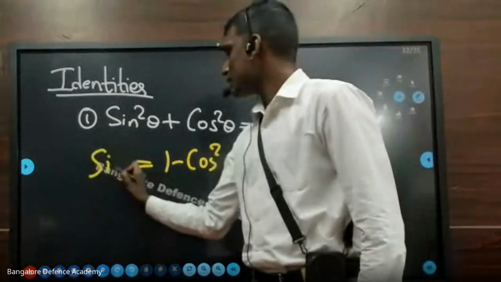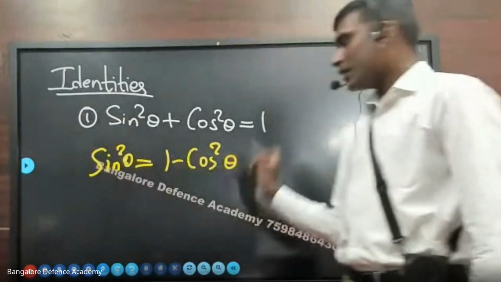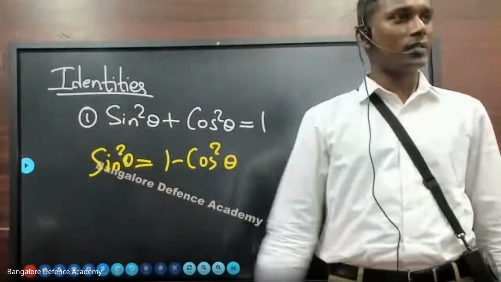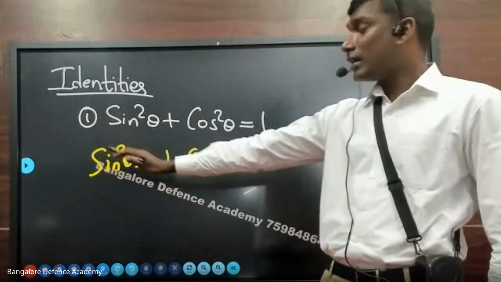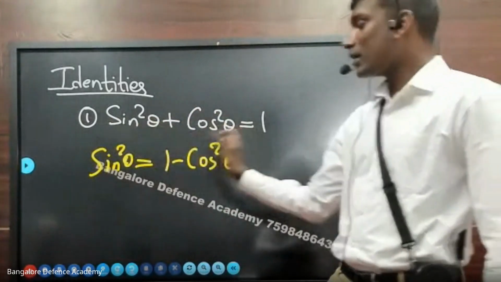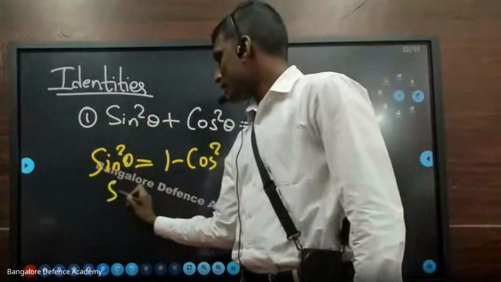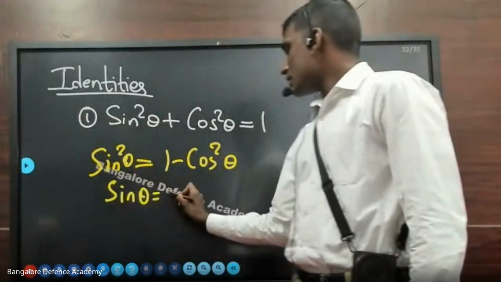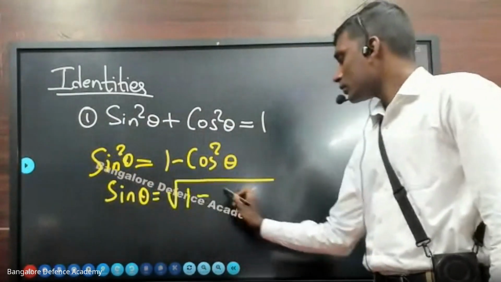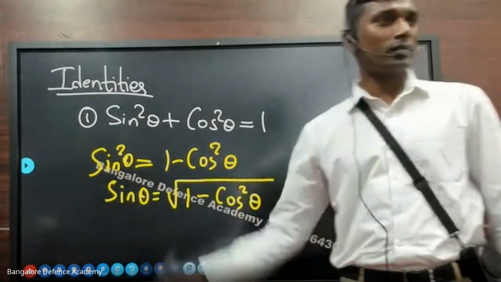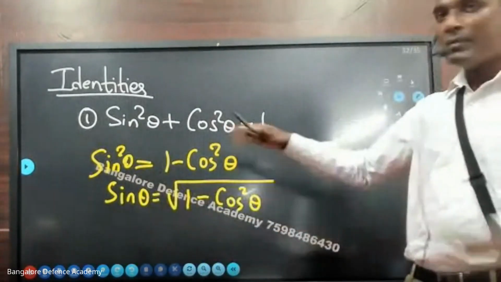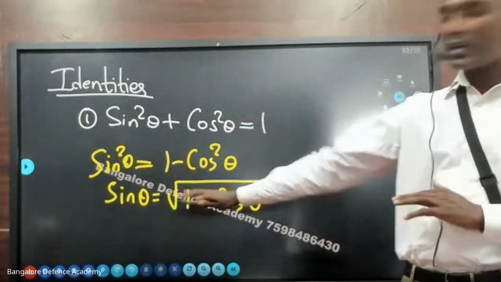So can I write sine square theta is equal to 1 minus cos square theta? Yes or no? Now this is a square. I want only sine theta. So can I take the square root on both sides? Sine theta is equal to the root of 1 minus cos square theta. You all understand these two formulas? Am I deriving something new? It is one and the same.